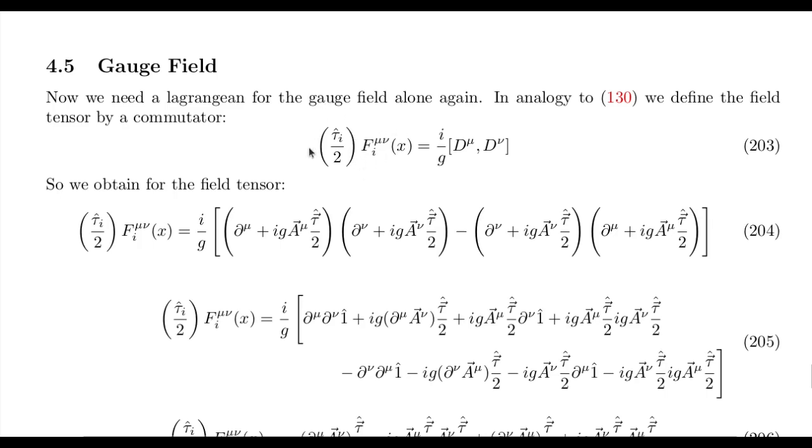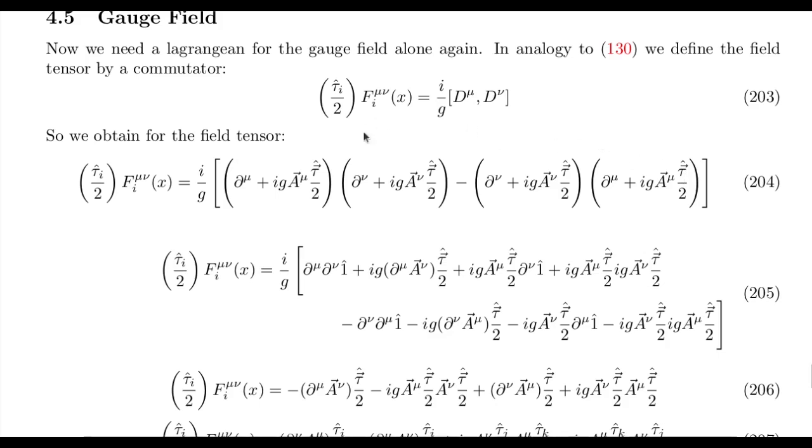Because of the isospin space, we have here a factor with the Pauli matrix tau, because in the covariant derivatives we have the same matrices. We write out the commutator here. So we get here this longer term.